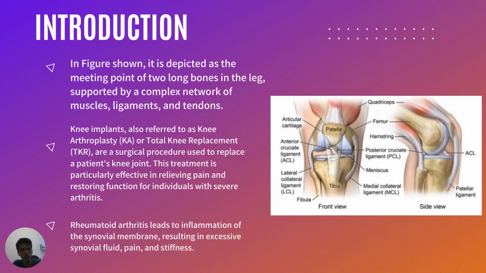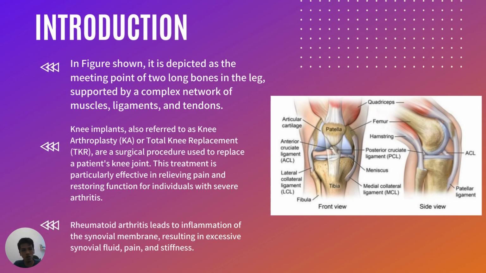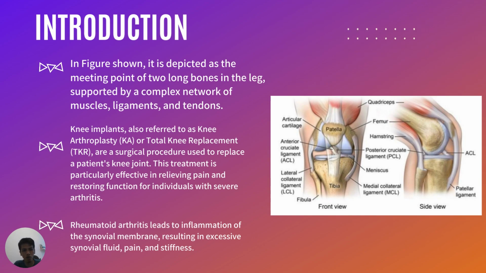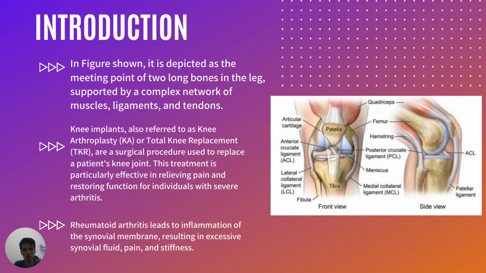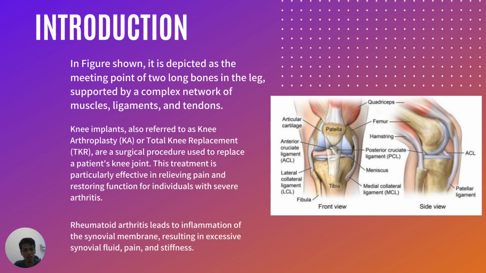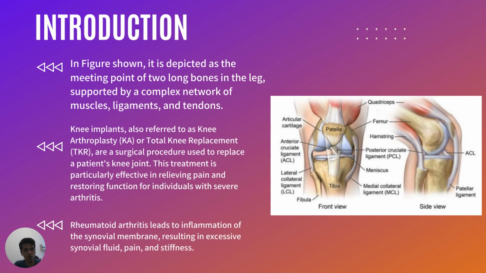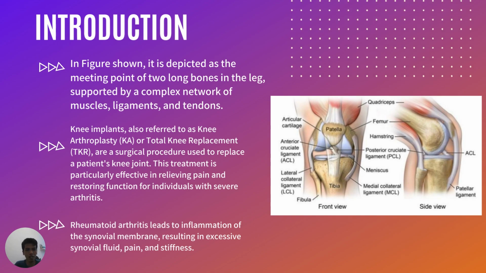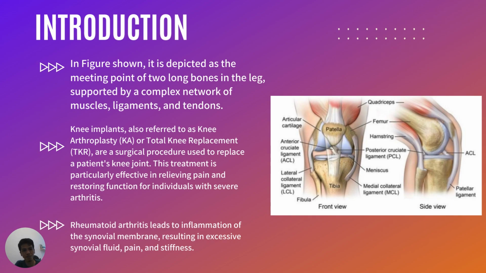So as an introduction, this figure shows a meeting point of two long bones in the leg. As you know, the research here is about the knee. So it's supported by the complex network of muscle, ligament, and tendons.